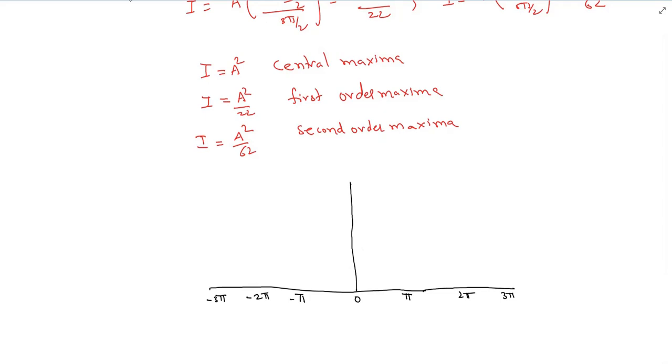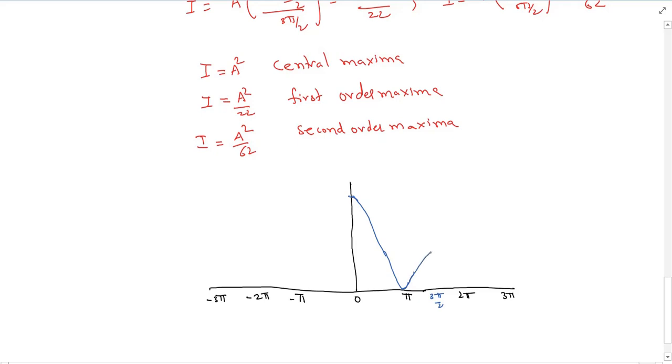So if we draw the curve, at alpha equal to 0, what is the intensity? A squared. Okay? And then it is going to become minima. What is the minima condition? Plus or minus n pi. And between pi and 2 pi we have 3 pi by 2.